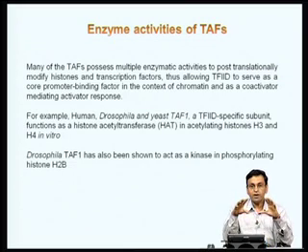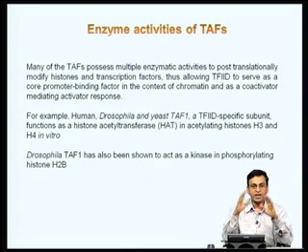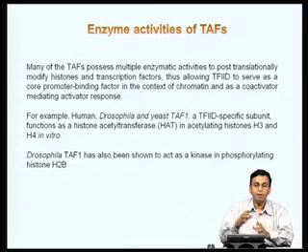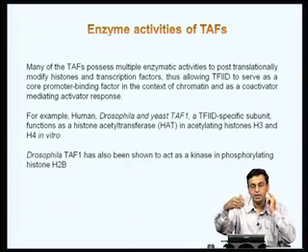So the discovery that TAFs contain specific enzyme activities changed the whole field of eukaryotic gene expression. People recognized that the assembly of the pre-initiation complex and the binding of specific transcription factors is facilitated by selective removal of histones by some of these transcription factors, by post-translationally modifying histones.